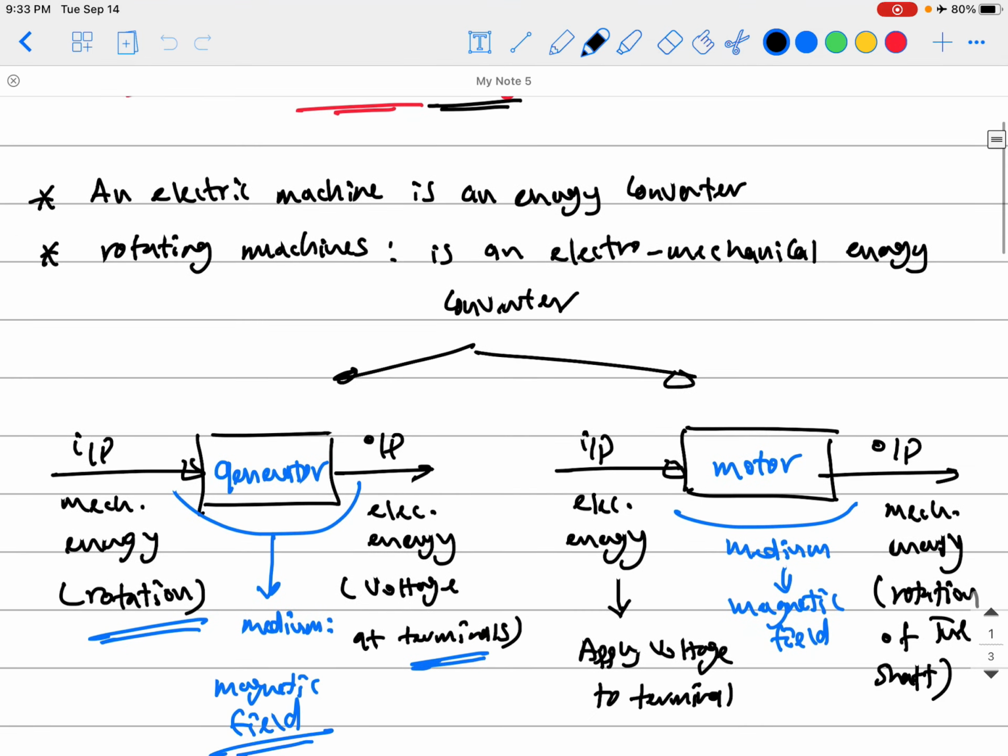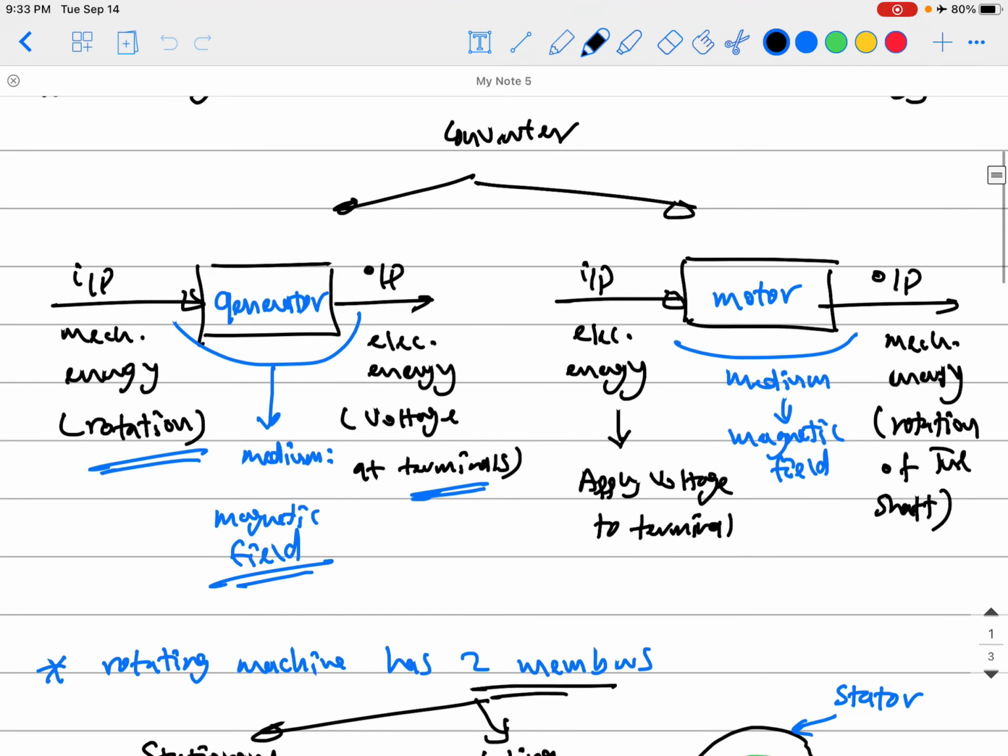We started by saying that the electric machine is basically an energy converter, and it has two main types, which are the motor and the generator. The motor takes electric energy and converts it, in the presence of a magnetic field, into mechanical energy, that means rotation. And the generator takes mechanical energy from an external source, something that can rotate its shaft and rotor inside a magnetic field, which is also your medium of conversion, and this converts it into electrical energy.